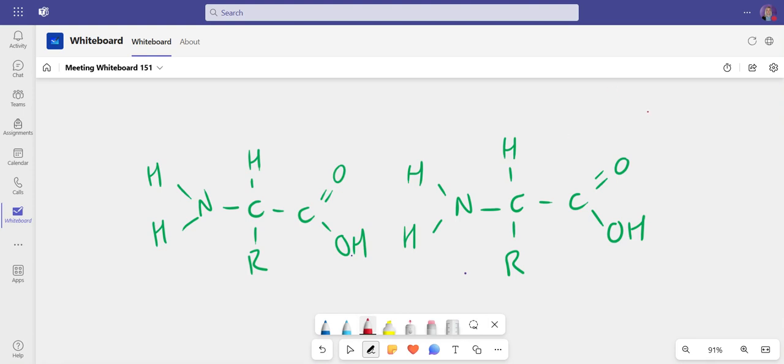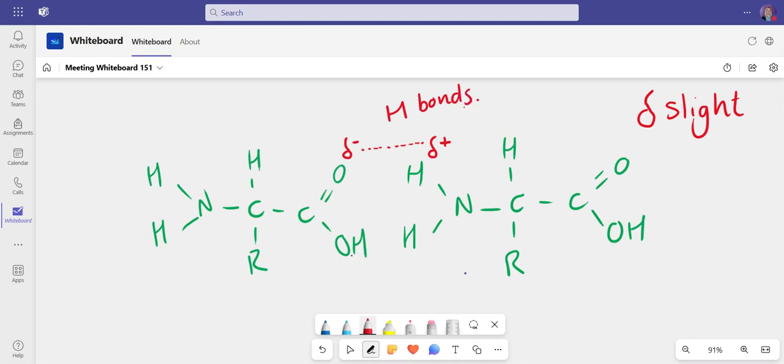Now I'm going to use a little symbol that looks like this. It's the Greek letter delta, and it means slight. So what actually happens is the double bond O has a slight negative charge on it, and the N to the H there has a slight positive charge on it. And positive and negative attract, so between them, we're going to get hydrogen bonds.